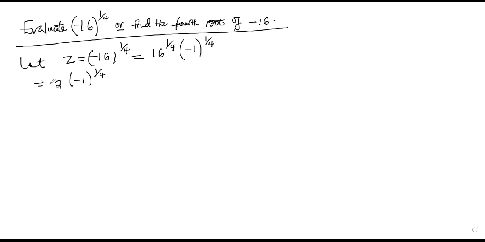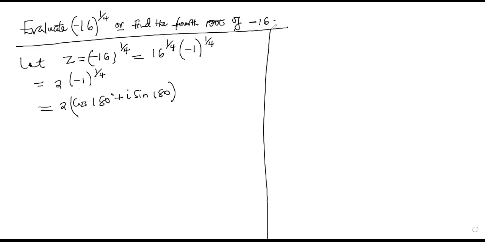Now, this is the same as 2 cos 180 plus i sine 180. How does it come about?